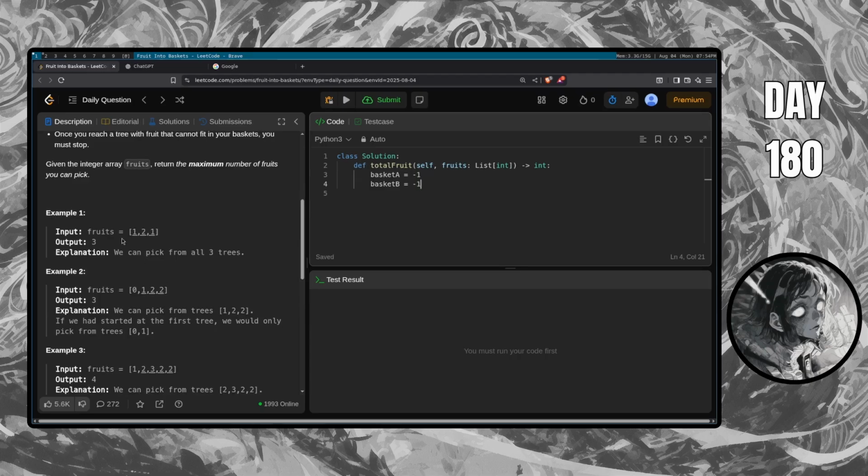So let me see how I'm going to start this. Let's see, for fruit in fruits. I'm thinking about doing a pointer. Let me draw this.